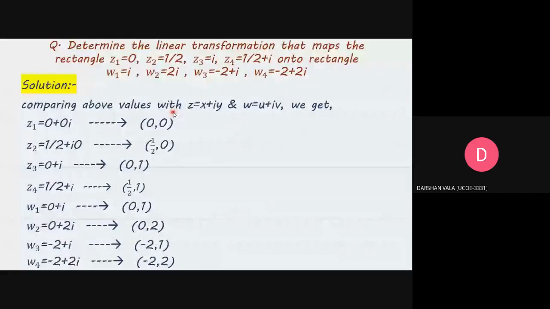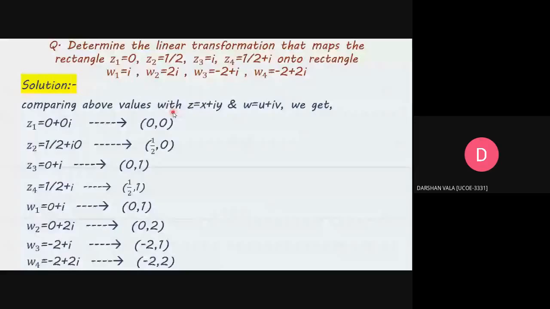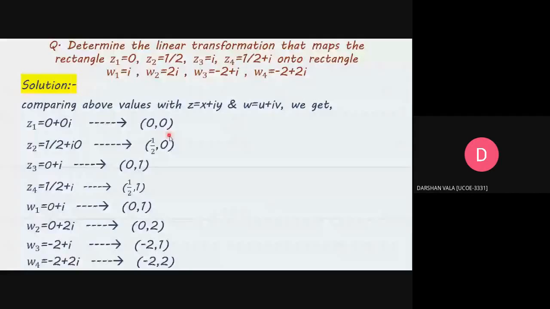Let's see. First we compare Z1, Z2, Z3, and Z4 with z is equal to x plus iy. So we get Z1 is equal to 0 comma 0, Z2 is equal to half comma 0, Z3 is equal to 0 comma 1, and Z4 is equal to half comma 1.